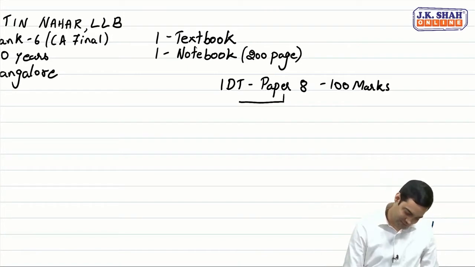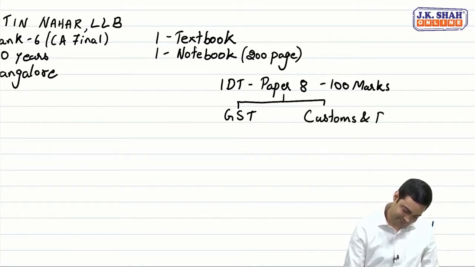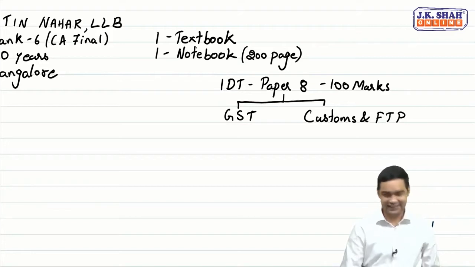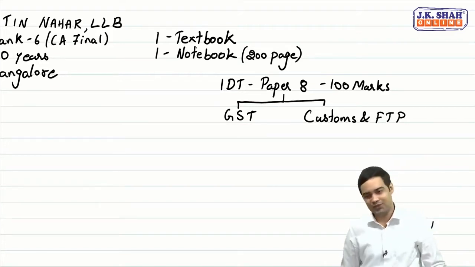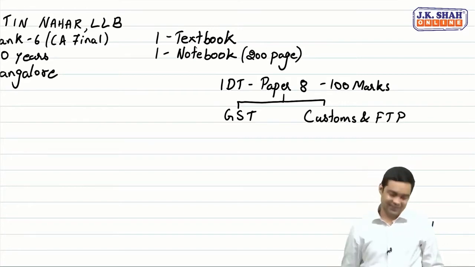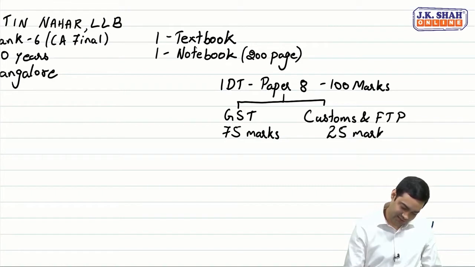The first one being GST and the second one being customs and FTP. ICAI has provided a brief breakup of both the subjects. GST covers 75 marks while customs covers 25 marks.